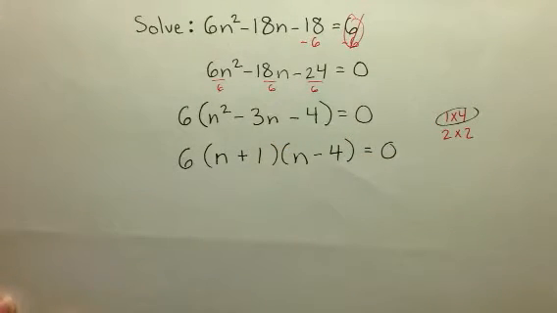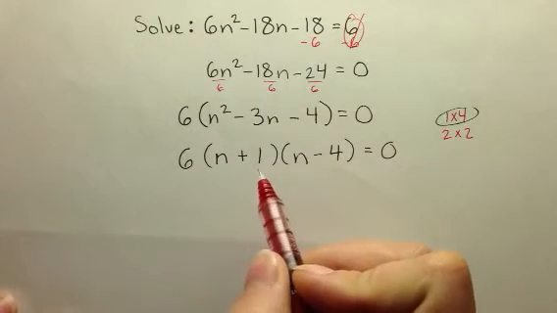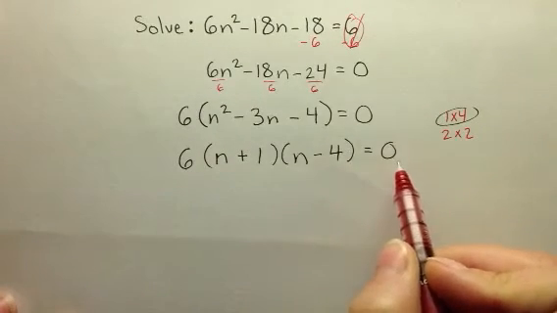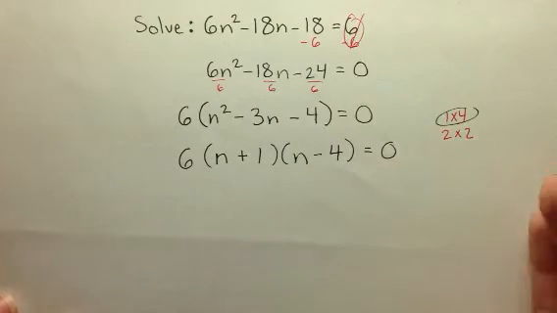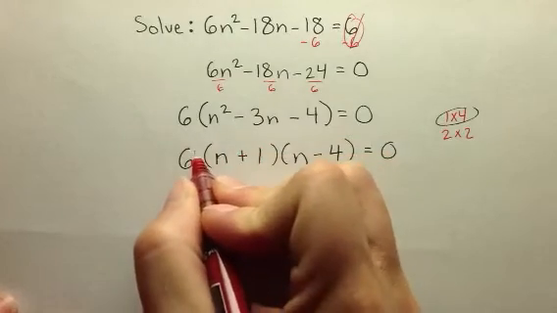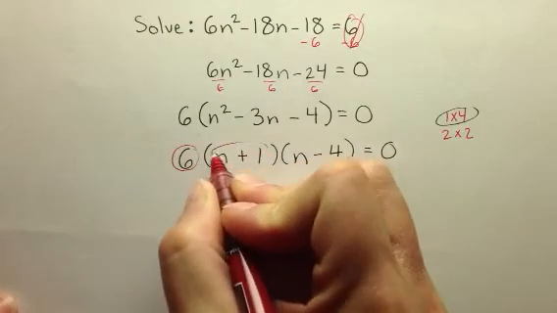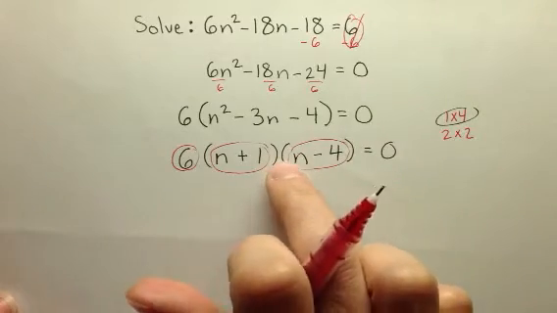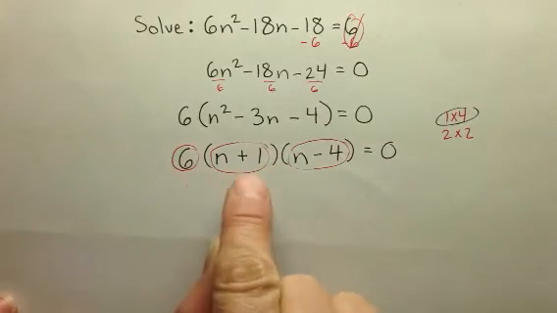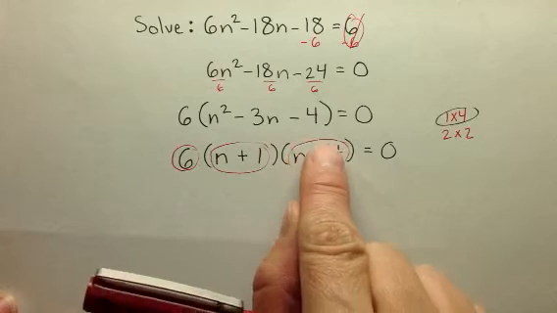Okay, so when you're solving by factoring, you're finding all the factors whose product is 0. Well, the zero product property says if you're multiplying these 3 things, because there are parentheses here, it's 6 times this sum times this difference.